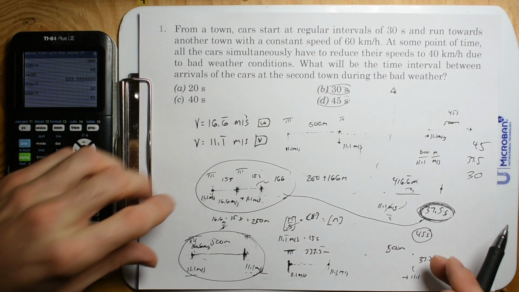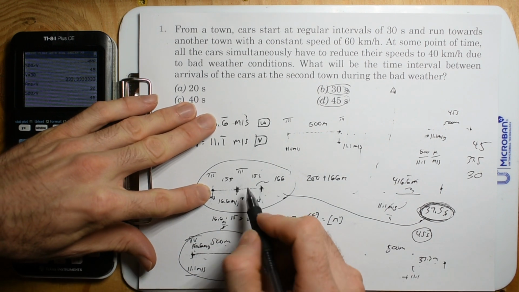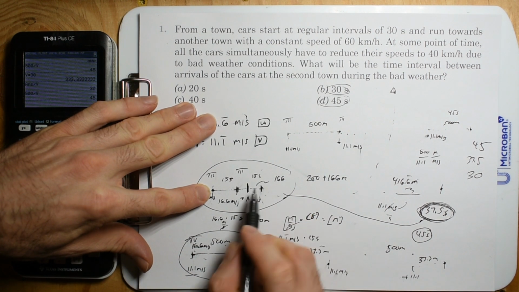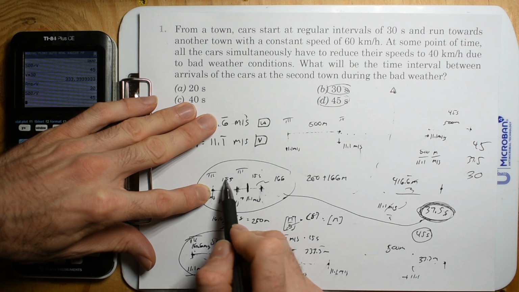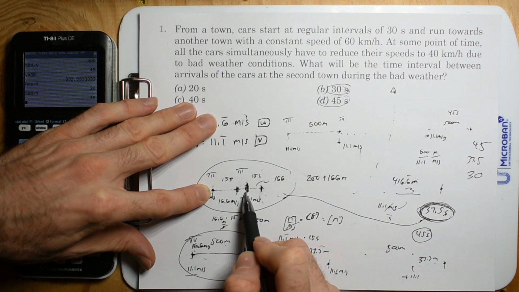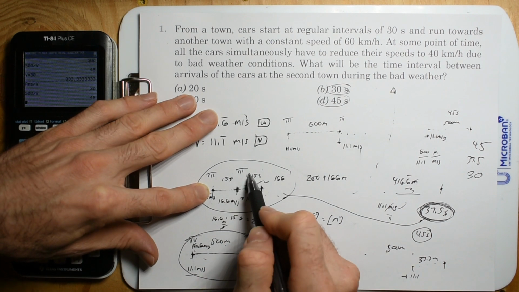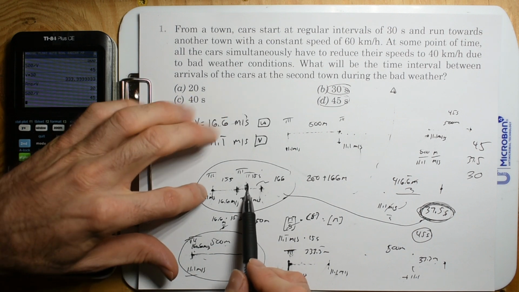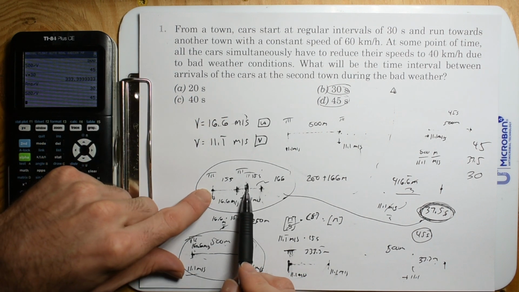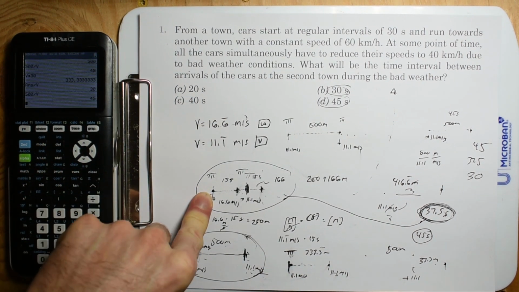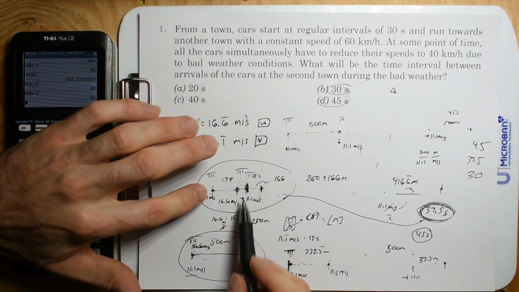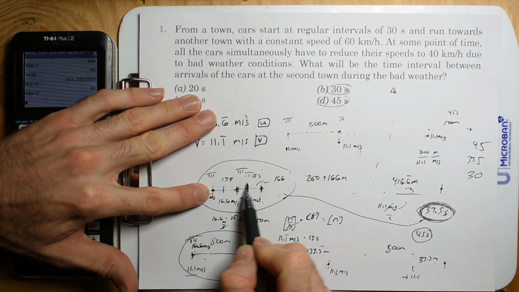So depending on how far this car gets before the storm hits, that is going to determine this speed. Let's say this car gets 20 seconds, and then the storm hits. It's kind of fascinating. Could I intuit that one? Now I'm going to try. What if the storm hits earlier or later?